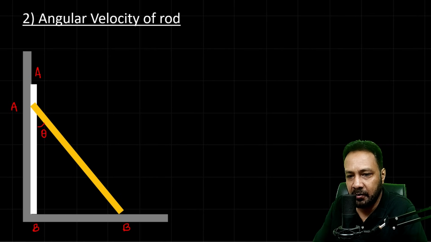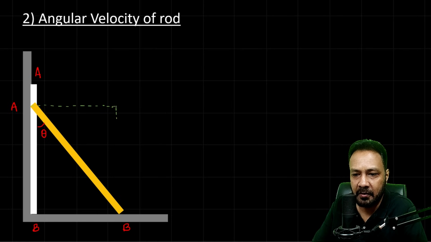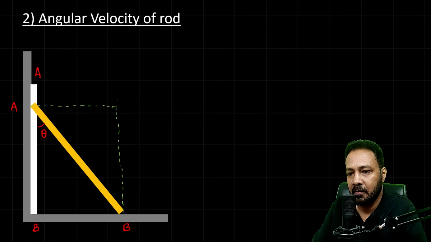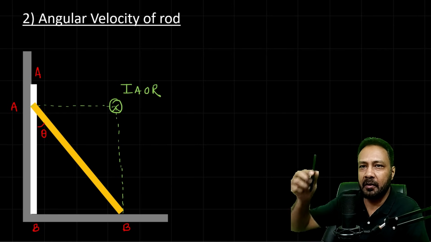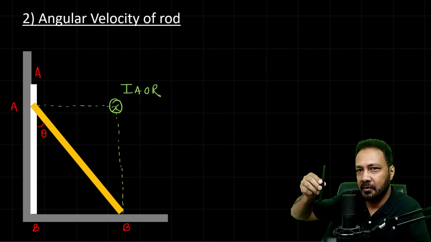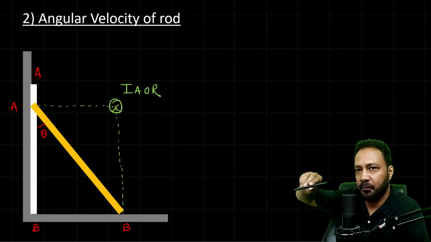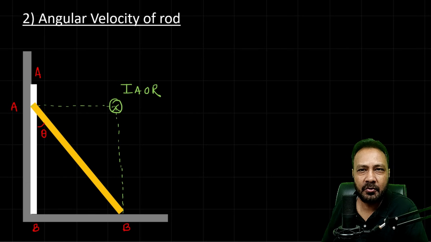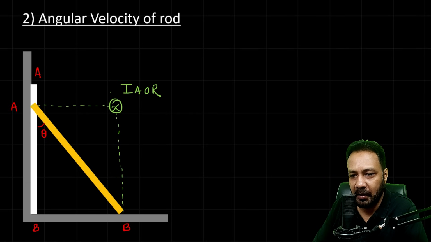We just located the IAOR at this instant, here. We know that from the IAOR the motion appears to be pure rotational. So clearly the rod is like this and it is moving like this, so it is rotating and will have an angular velocity, and I want to look from the IAOR.